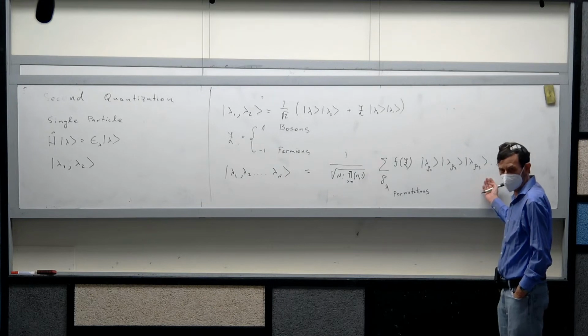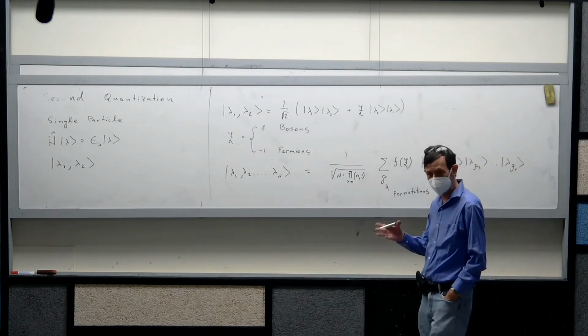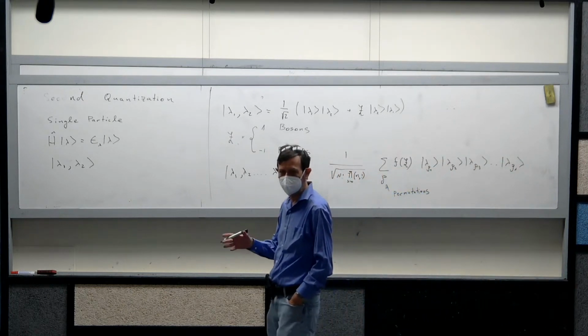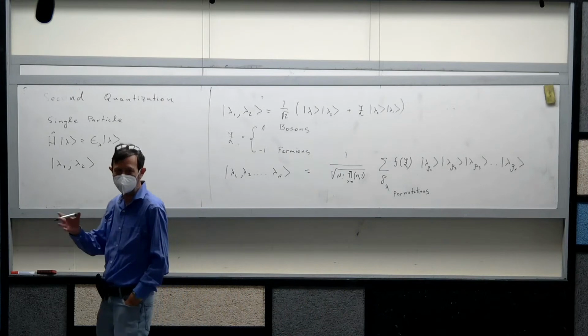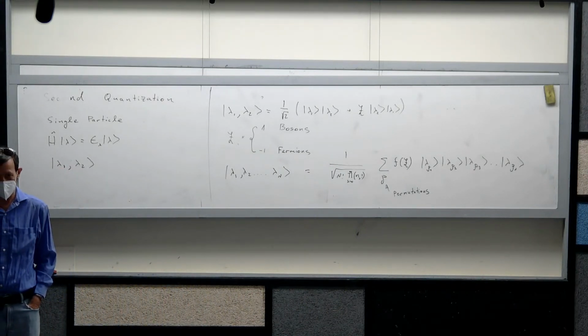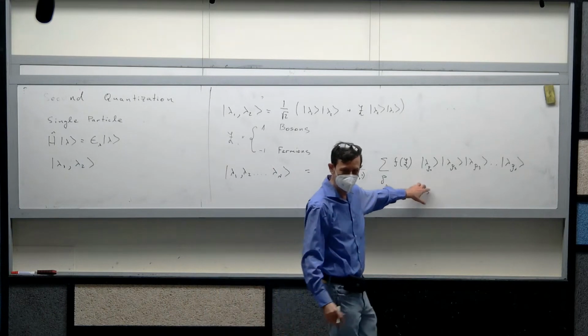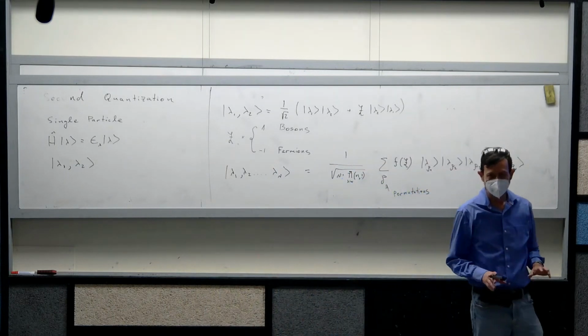Think about it. 10 to the 23 different permutations. How can you work with it? And why do chemists still work with it? Because they have some problems with a small number of electrons on a molecule or whatever. 4, 6, 8 electrons, and you're still able to write all of the permutations.